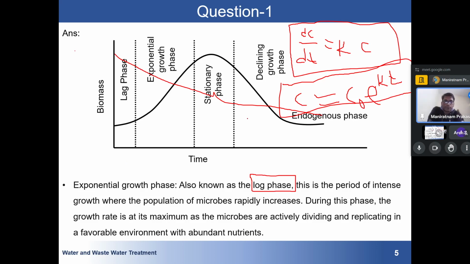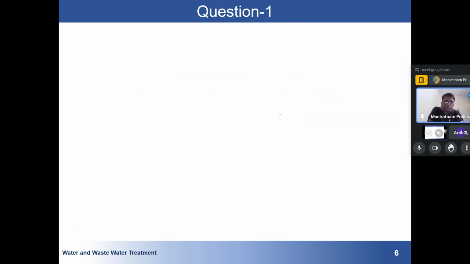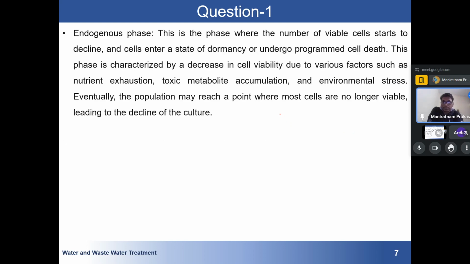After the declining growth phase, the last part we get is the endogenous phase. The endogenous phase is defined as the phase where the number of viable cells starts to decline, and the cells enter a stable or dormant state or undergo programmed cell death.